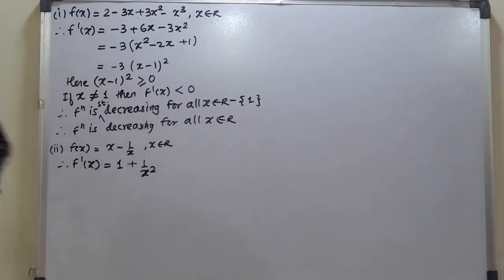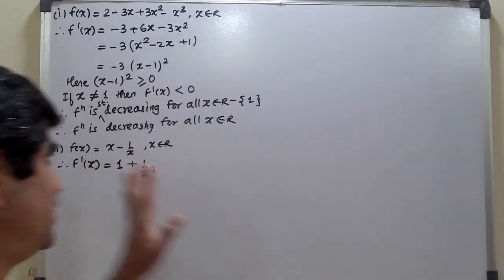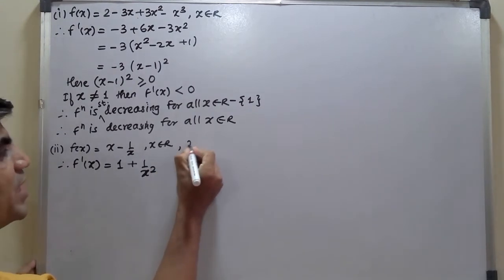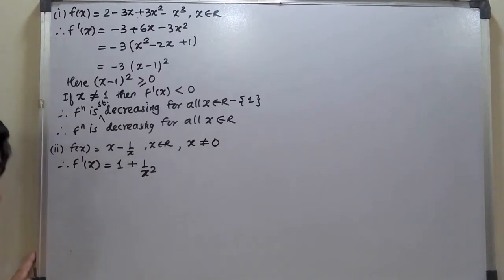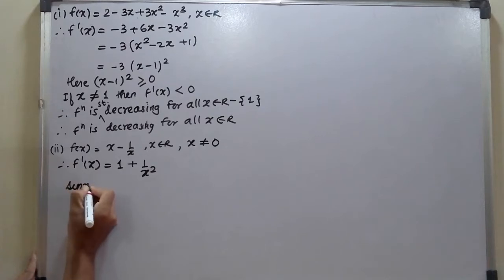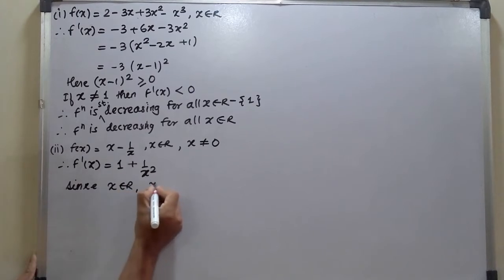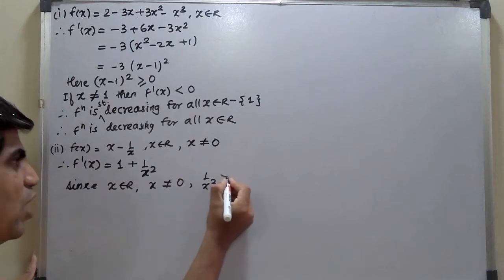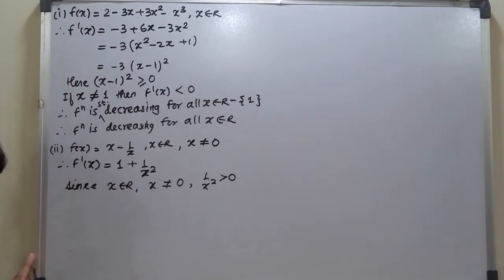Whatever is the value of x other than 0, this can be defined. Means the derivative is not possible if x is equal to 0. So here the condition must be mentioned that x is not equal to 0. Now since x belongs to real numbers and x is not equal to 0, 1 by x square is always positive, right?